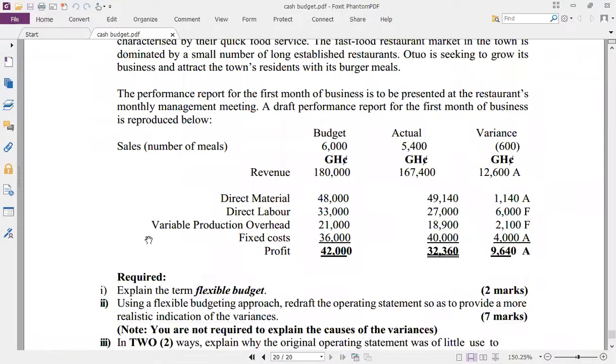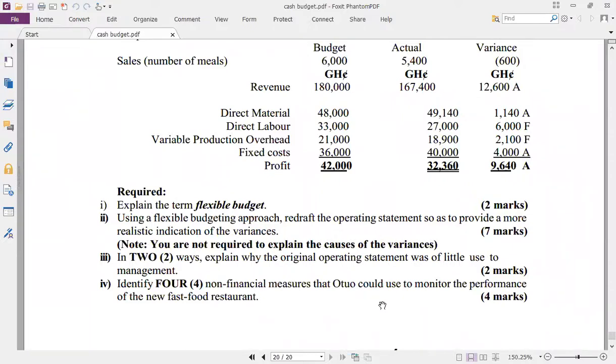Question 15 is a flexible budget. So I will explain the preparation of the flexible budget, then we move on. I'll give you the principle behind it and then move on to standard cost and variance analysis. So basically, that is it. Let's move on to flexible budget: how to flex the budget. That's the last aspect of budgeting, the preparation.